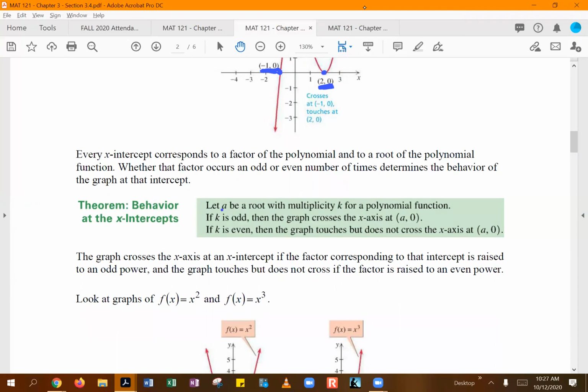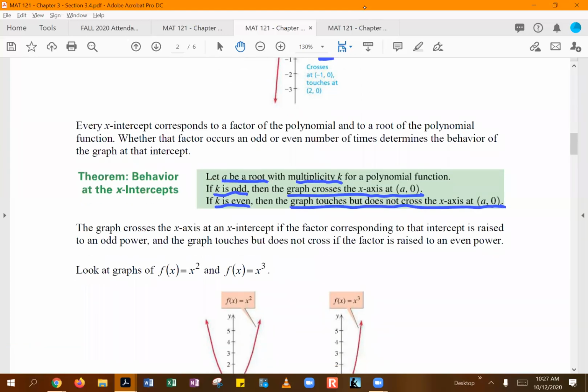If your root has a multiplicity of k, or if the exponent is k, and that k happens to be an odd number, then your graph will actually cross the x-axis at that x-intercept. If your multiplicity k is an even number, then the graph will touch, but it does not cross the x-axis at that number.